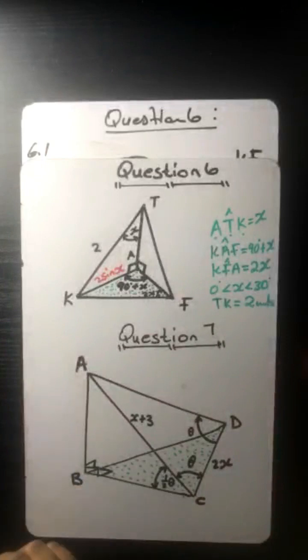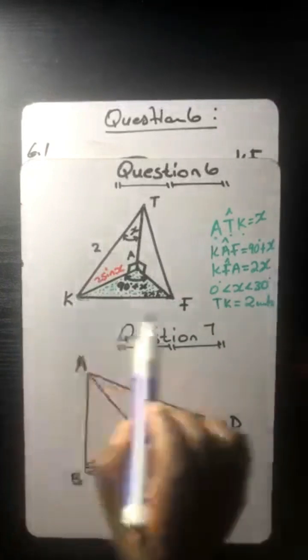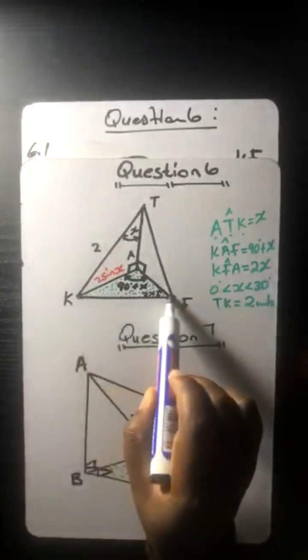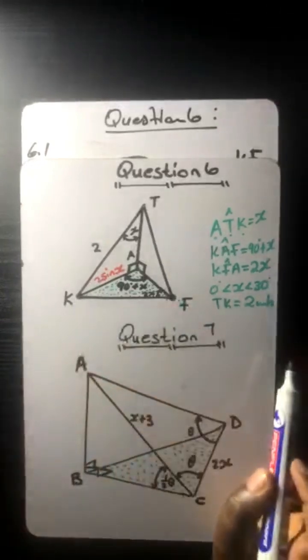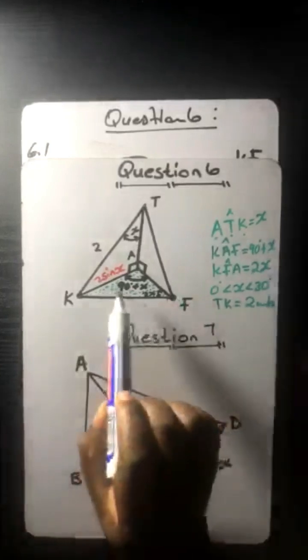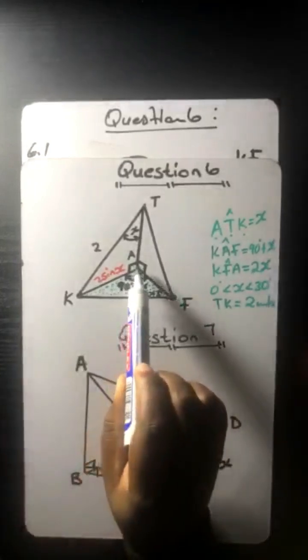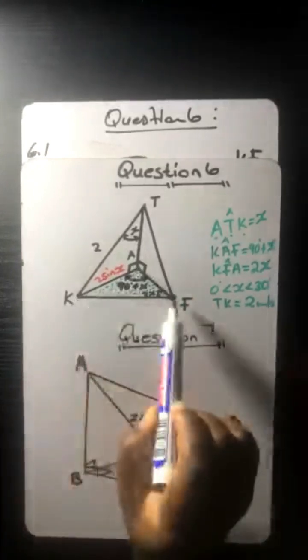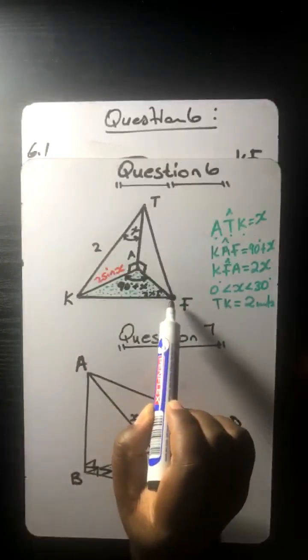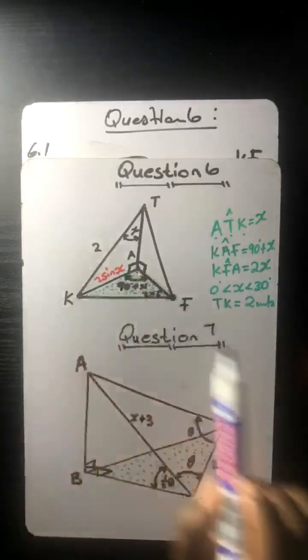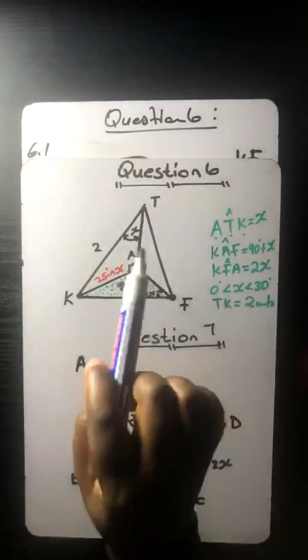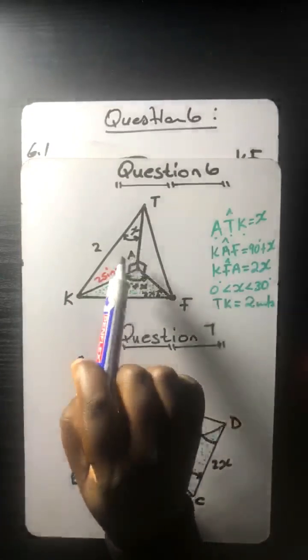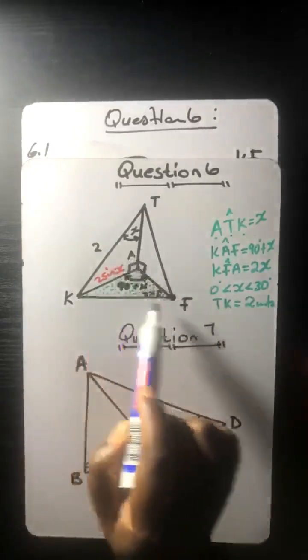It seems like they want K and F. In this case, you are forced to use triangle AKF because the side you're looking for lies in that triangle. So you don't have an option to say I can use either that triangle or that triangle, but you are forced to use that one.